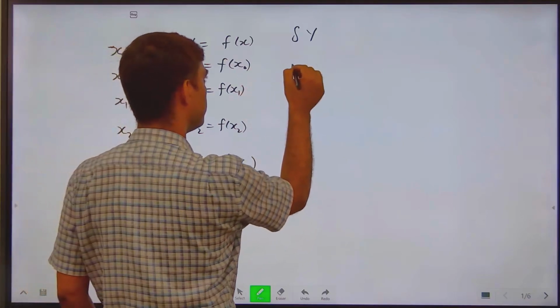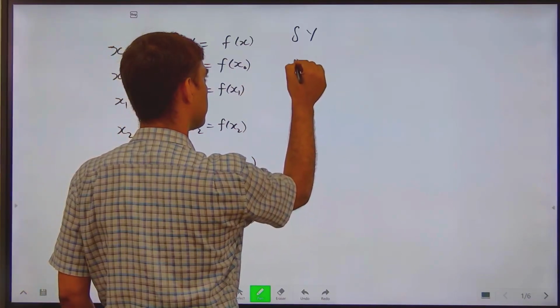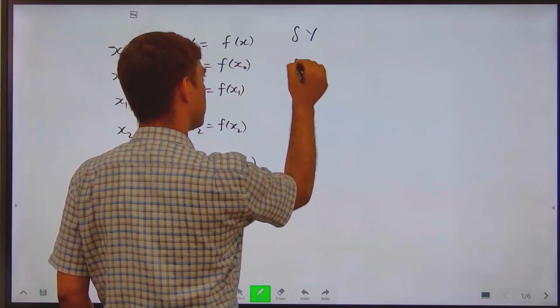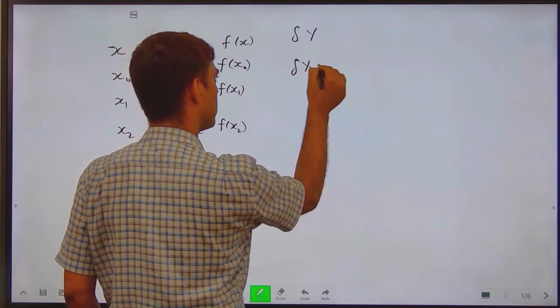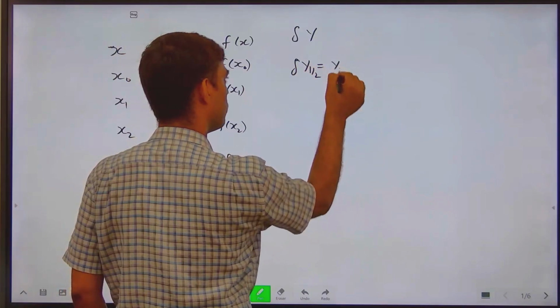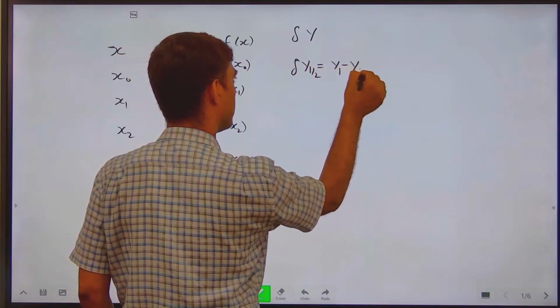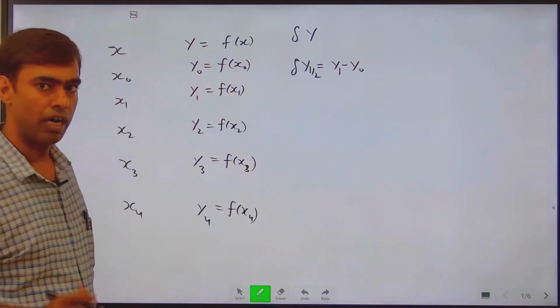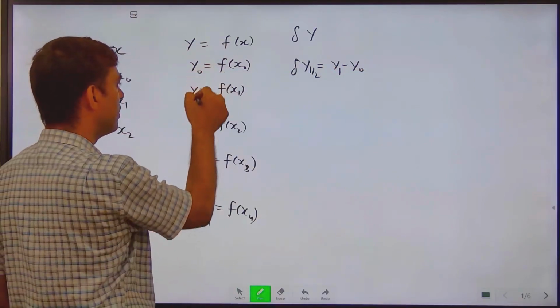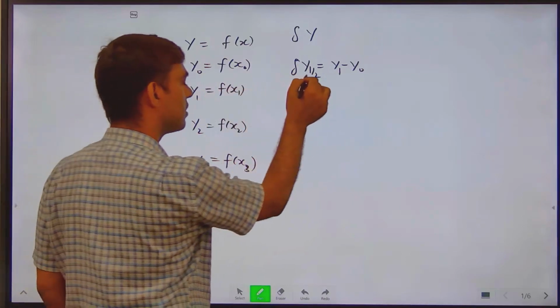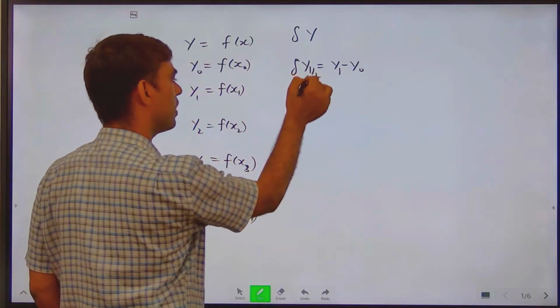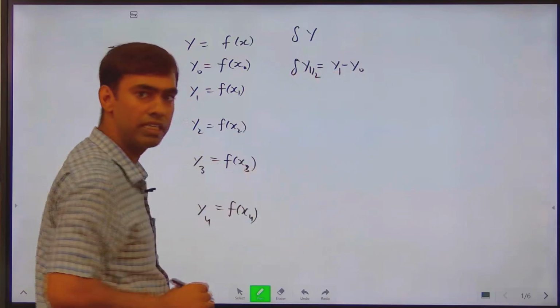Here we define delta y1 by 2 equal to y1 minus y0. Always we write a difference between two values. So here the first central difference del y1 by 2 equals y1 minus y0.